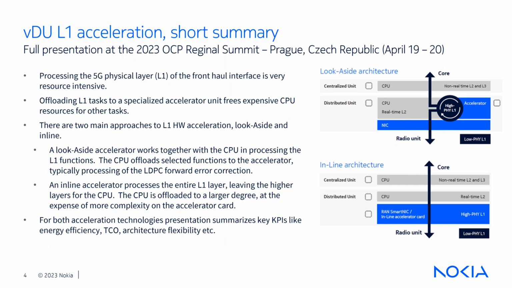So I can say that this presentation will be quite interesting if you want to learn more about cloudified radio access network and L1 acceleration. It will have a lot of good information.